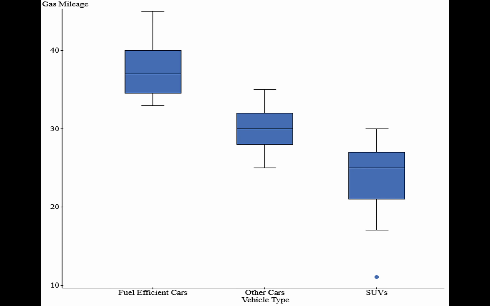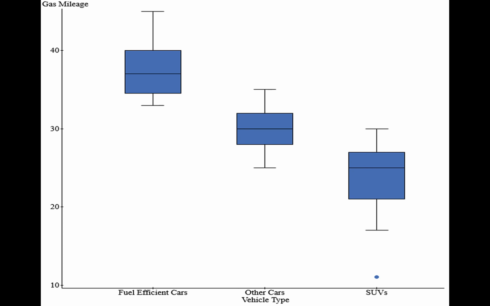The whiskers are also fairly small there. So in this case, we would argue that the other cars, that middle box, has the least amount of variability. When you talk about variability, you're looking at the size of the box first, and then the length of the whiskers. Smaller boxes mean less variability. Shorter whiskers mean less variability. Lots of times I'll ask which category has the most or the least variability.